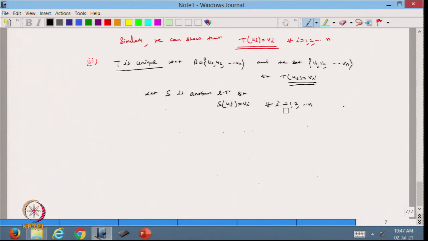So, I am taking another linear transformation. Now, from here I know that for any u, S of u, I know that u can be written as alpha 1 u 1 plus alpha 2 u 2 plus up to alpha n u n.